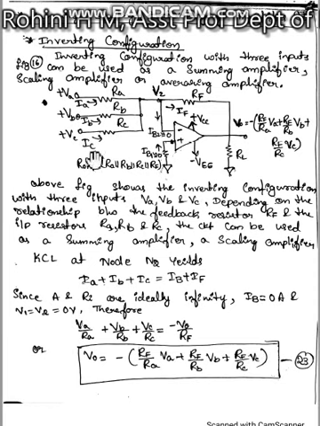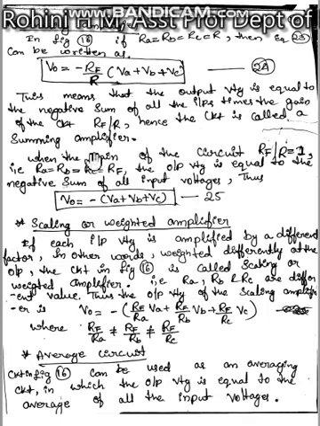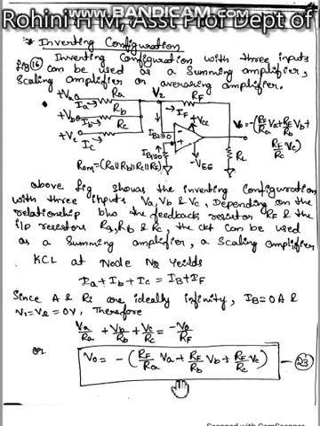Keeping this as a reference, now we'll discuss what the summing amplifier is. In the previous circuit, if all the resistance values RA, RB, RC are equal, let us say the value is R, then the previous expression becomes, with RA, RB and RC all the same and equal to R, we take R outside.